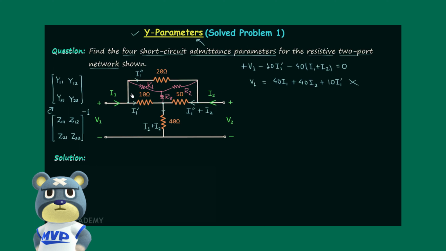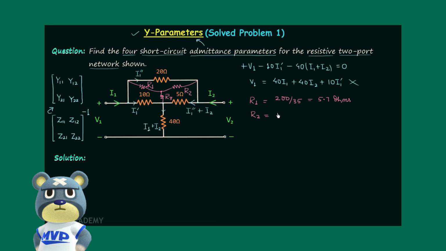Let's say this resistor is resistor R1, this resistor is resistor R2, and this one here is resistor R3. And we know R1 will be equal to 10 multiplied by 20 divided by 10 plus 20 plus 5. So R1 will be equal to 200 divided by 35, and it is equal to 5.7 ohms. And R2 will be equal to 20 multiplied by 5 divided by 35.